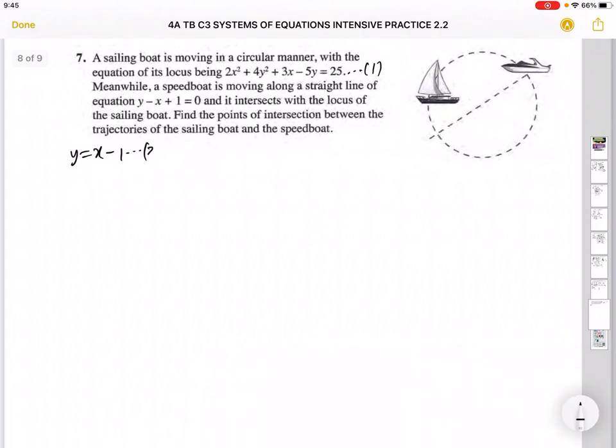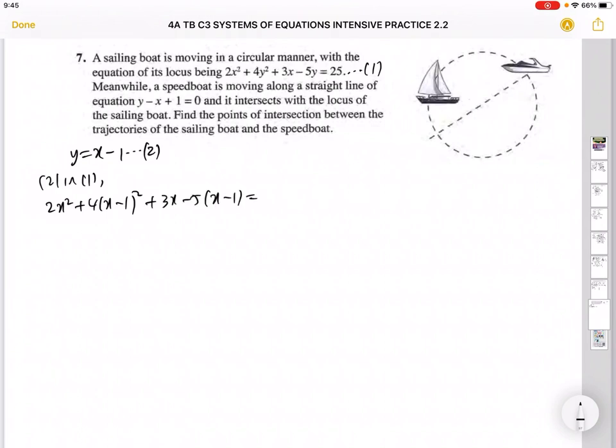So you want to find the point of intersection. So sub 2 in 1. 2x squared plus y squared, my y is x minus 1, I square it, plus 3x minus 5 times y, my y is x minus 1, equals 25.